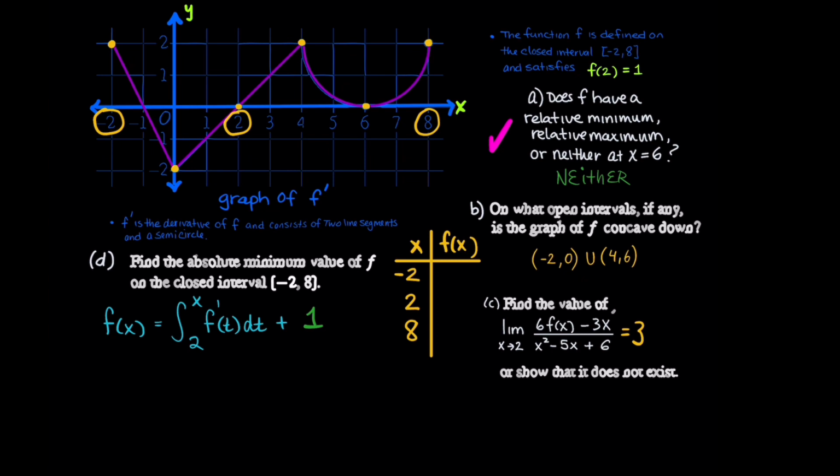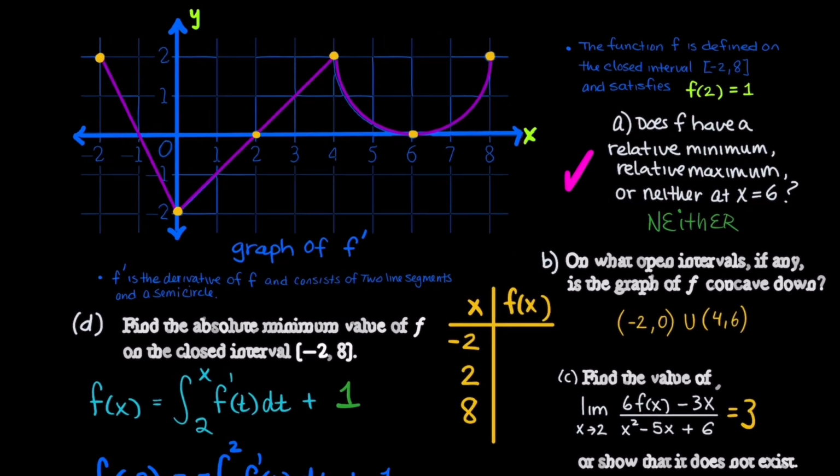And that's what we'll do, fill in this table of values, and find out which one is the minimum. So starting with -2, f of negative 2 is the integral from 2 to negative 2 of f prime t dt plus 1. And what we'll do here is swap the limits of integration, picking up a negative sign in doing so. Now the integral from negative 2 to 2 is the area under the curve.